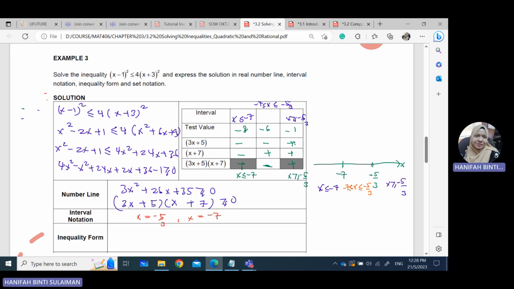Right. So these are the values of x for this inequality. So kalau kita masukkan nilai yang di tengah-tengah ni, kita tak dapat jawapan, kita tak dapat. Yang ni lah. Okay. Boleh?